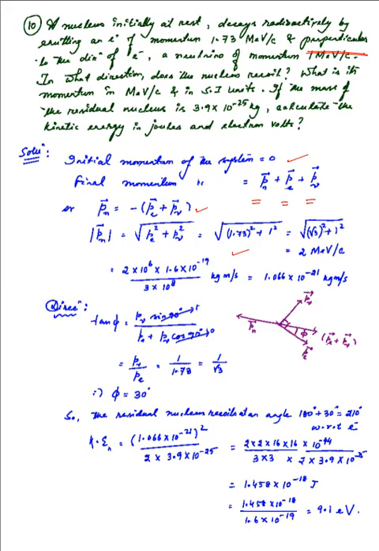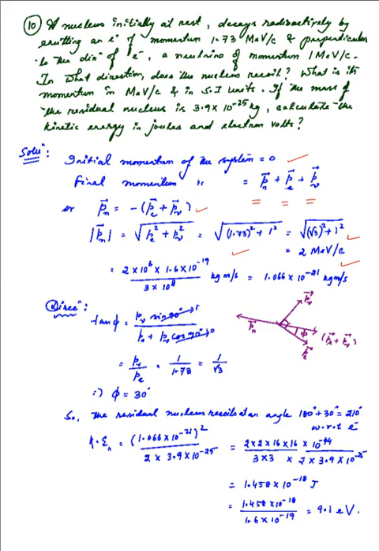So the cos 90 term that we would have had is obviously going to zero, and so we have the sum of them. Now 1.73 can be taken as root 3, so root 3 squared and 1 squared add up to 4, and all under root gives us 2 mega electron volt per c.